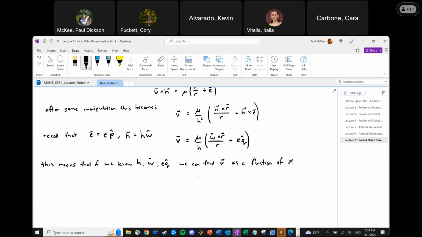So there is another critical observation, and that is, and this might be obvious, that all position vectors on an ellipse, or a hyperbola for that matter, must be coplanar.